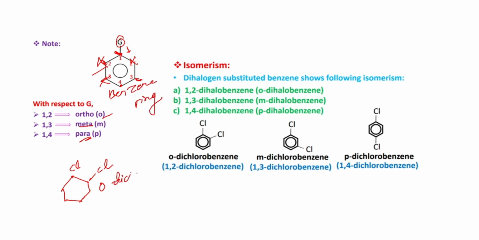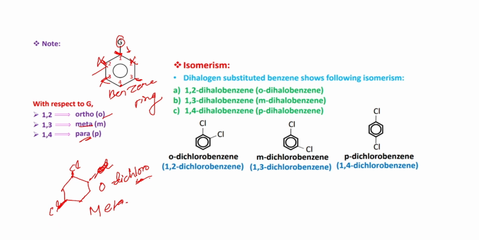dichlorobenzene. If यहाँ नभएर if the chlorine is attached at this position, so now one Cl is here and the next Cl is here, so it is considered as meta.